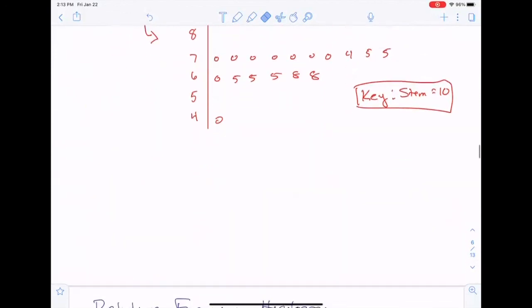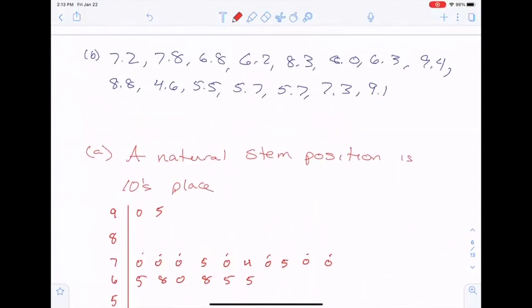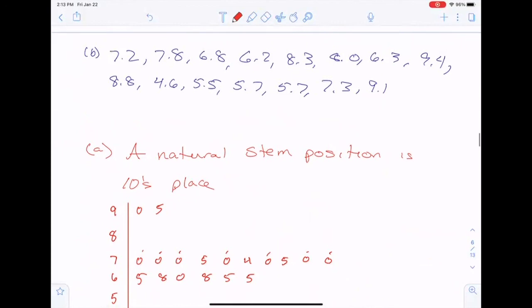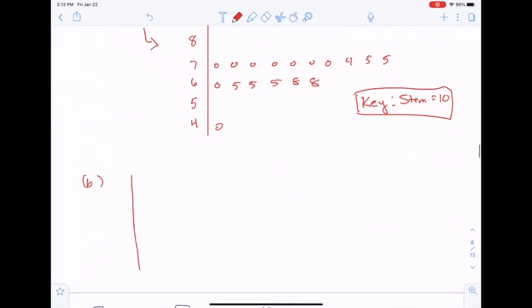All right, let's do one more. Let's look at part B. If I look at my data set in part B, it's going to look similar. I'm going to have 7.2, 7.8, 6.9, and so on and so forth. So I'll still put the stem down, but now the numbers that go down here in my stem are going to be the ones place.